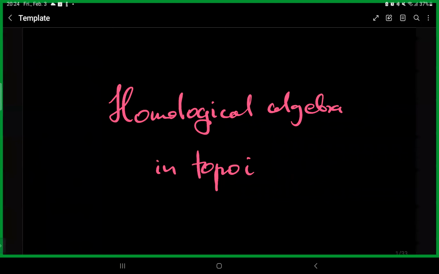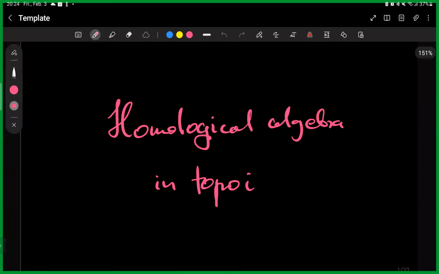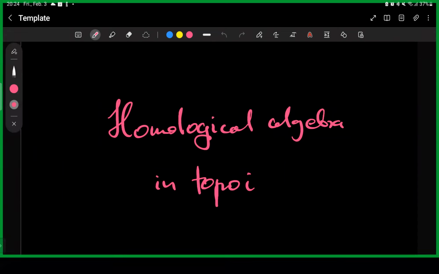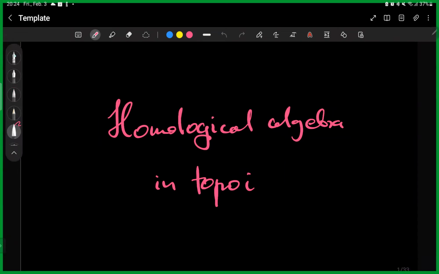Okay, so today I wanted to talk about very basic stuff in homological algebra in an elementary topos, but actually most of the time we will consider only Grothendieck topoi because they have a sufficiently nice form of their category of abelian objects.